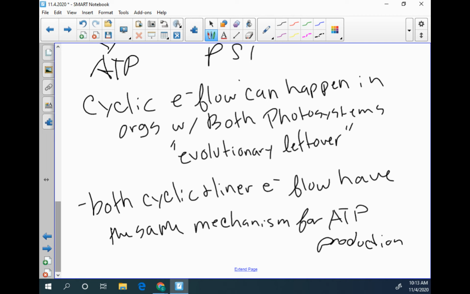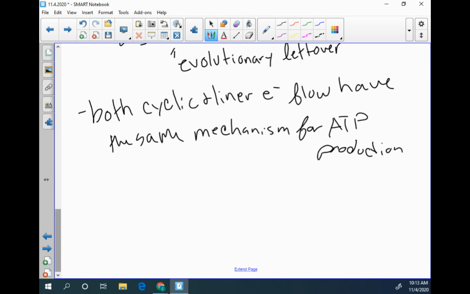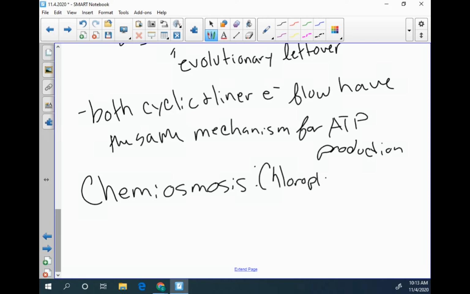So I don't have an exit ticket for you today, so real quick, I'm going to compare chemiosmosis in chloroplasts and mitochondria, just to loop together what we talked about with cell respiration and what we learned today. Chemiosmosis, chloroplasts versus mitochondria. It's the same basic mechanism.